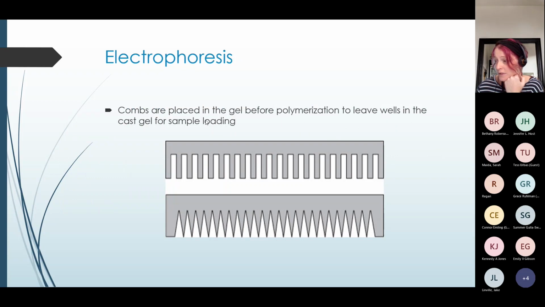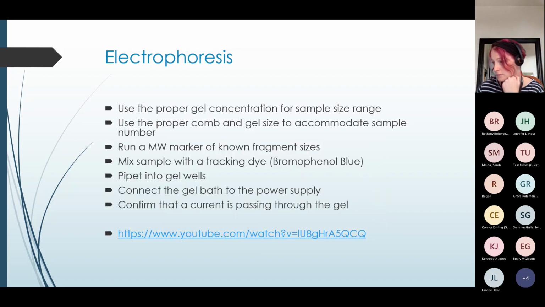And then we use combs to make the wells that we put our sample into, and there are different size combs to have different amounts of samples, depending on the size of your gel. There are gel boxes that are super wide, and some that are really skinny. They make different gel boxes to suit different needs.